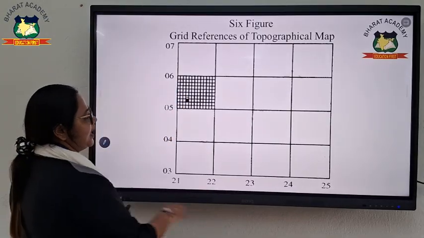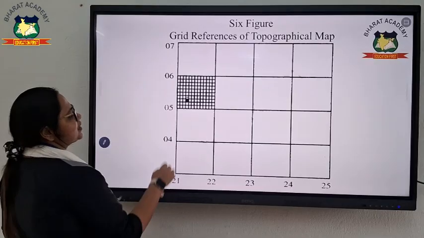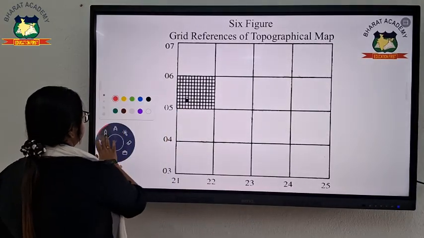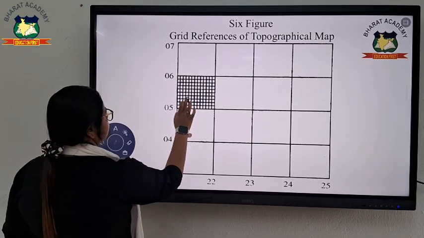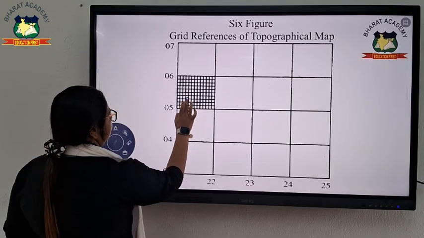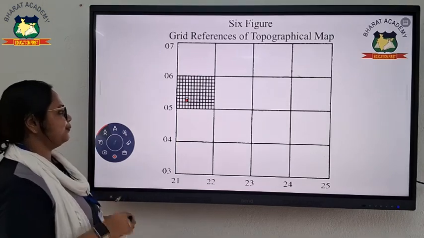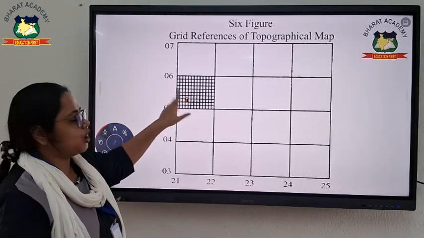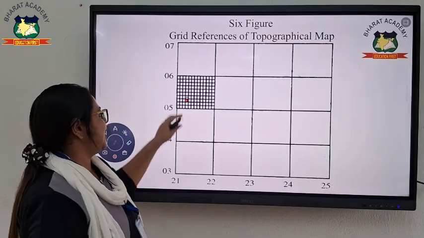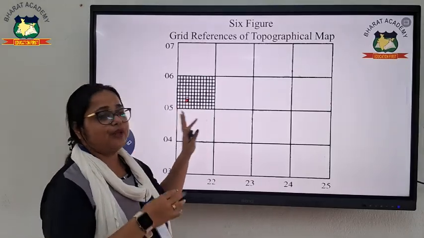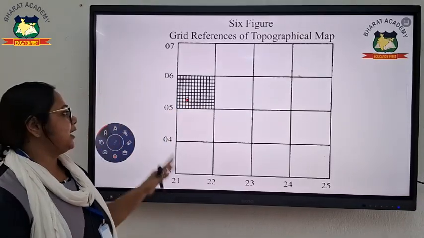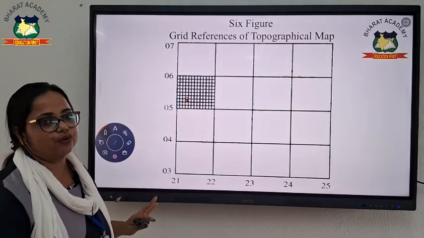Here I have a blank grid, and suppose I need to find a small feature. I am highlighting it with red so that you can understand its position. You can see the red dot here. That is the position of the feature, and we need to find the location of that red dot.